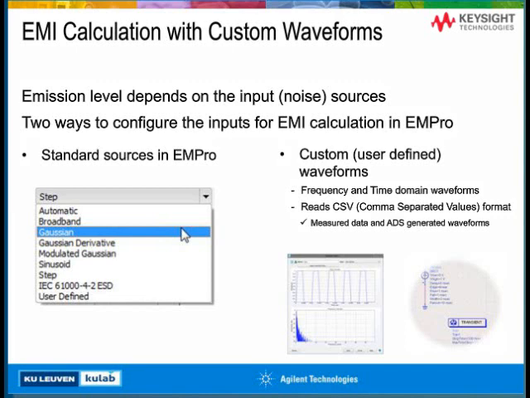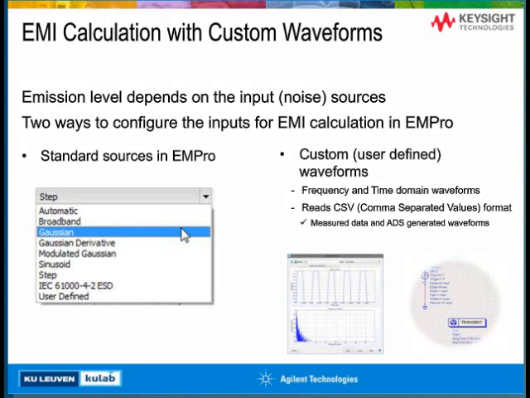However, there is another way, which is reading data from CSV, comma separated value format. We can bring in measured data or any other waveforms generated from the ADS environment, and then attach those waveforms to the sources in the tool, so that we can calculate the accurate level of emission out of the simulation results.